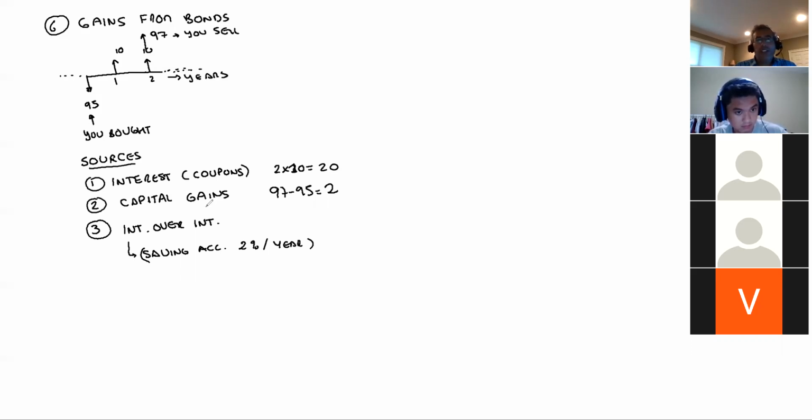So basically, what I'm assuming is that this 10 is going to make some money, correct? This 10 here, coupon number 1, is going to earn 0.02, so it's going to create 20 cents. So all the sources, at the end of the day, guys, you're going to end up with 22.02. These are all the sources of gains or income that come from bonds.